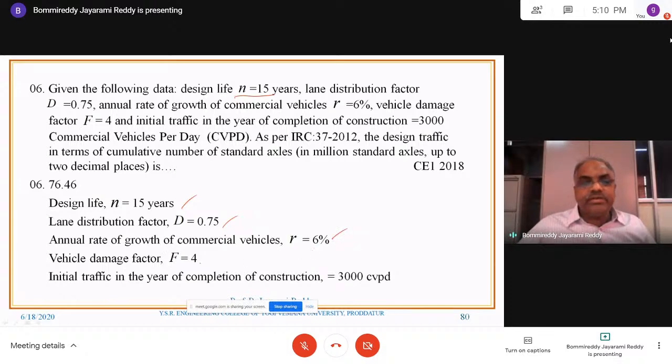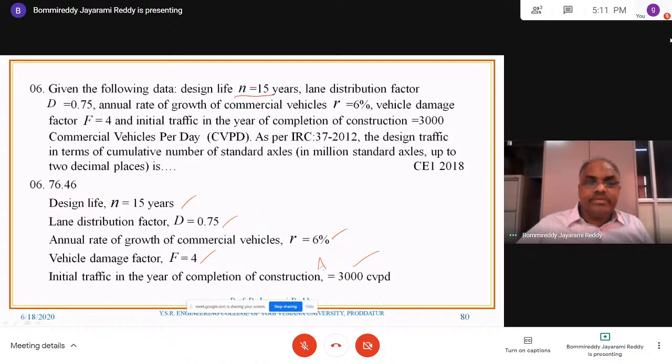Vehicle damage factor 4. Initial traffic in the year of completion of construction, you can remember here, initial traffic in the year of completion of construction, A, is equal to 3000 commercial vehicles per day.